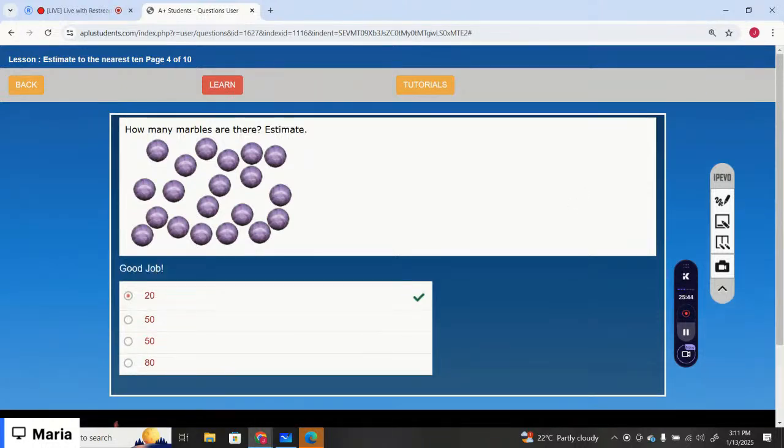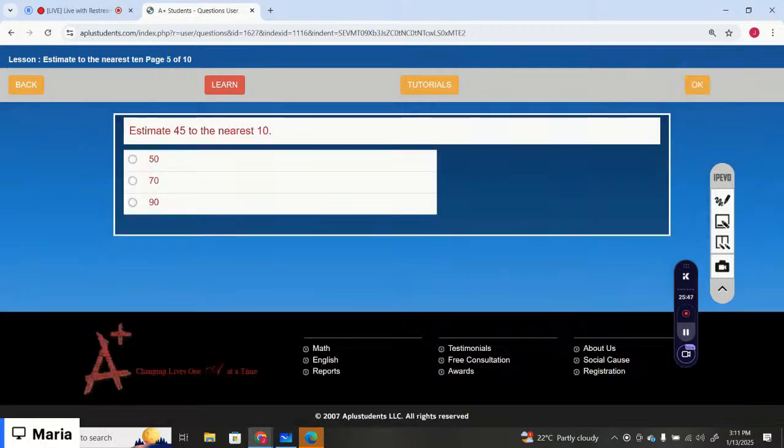Option number 1 is the correct option. Estimate 45 to nearest 10.